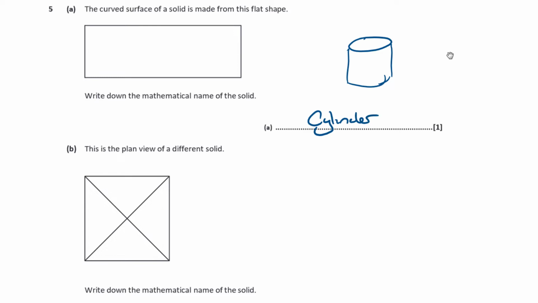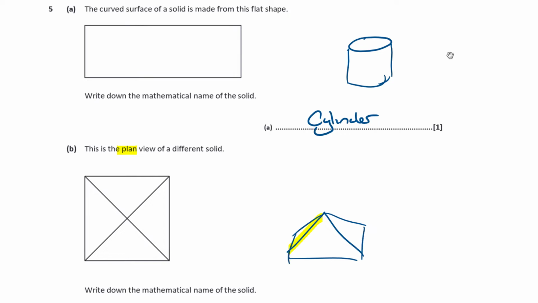Okay. This is the plan view of a different solid. Now, a plan view is like a top-down view, looking at it from above. Write down the mathematical name of the solid. Well, if you're looking at that from above, it's not totally clear, but I think what you've got is probably one of these, isn't it?